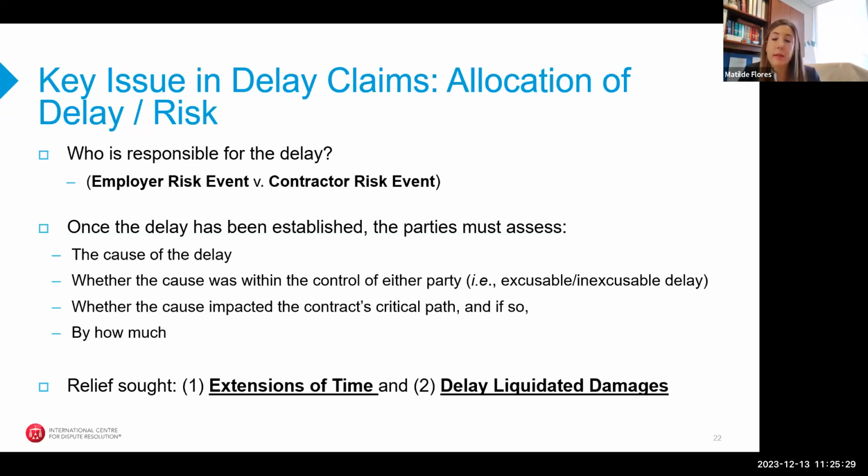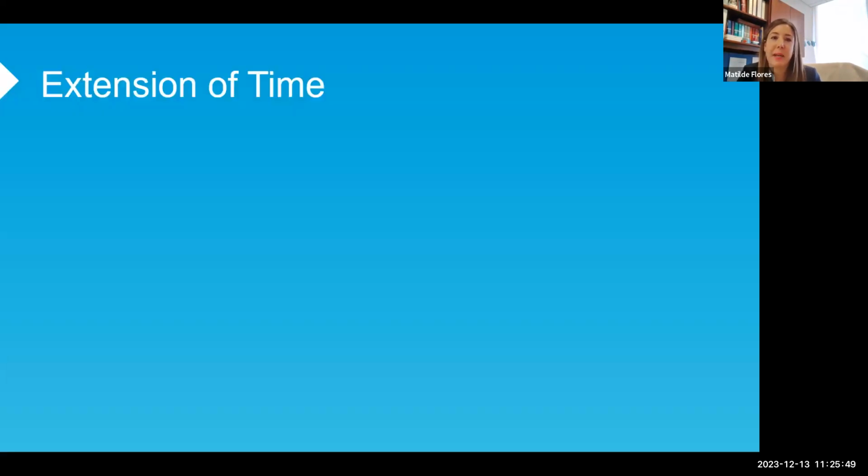And again, very generally, we will go through this in more detail throughout the presentation, but once you have a delay, there are two types of relief that are sought by either the contractor or the employer. These are, on the one hand, extension of time requested by the contractor, on the other hand, delay liquidated damages requested by the employer. So now I think Emily will talk about extension of time.